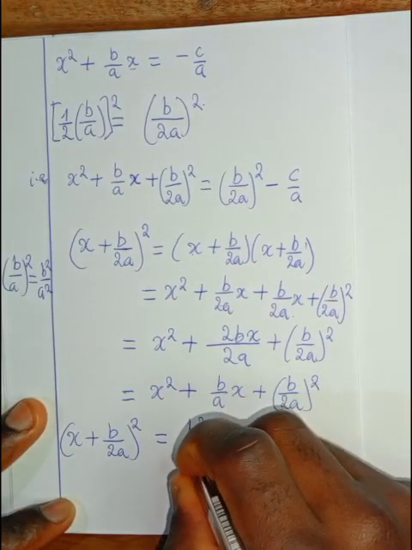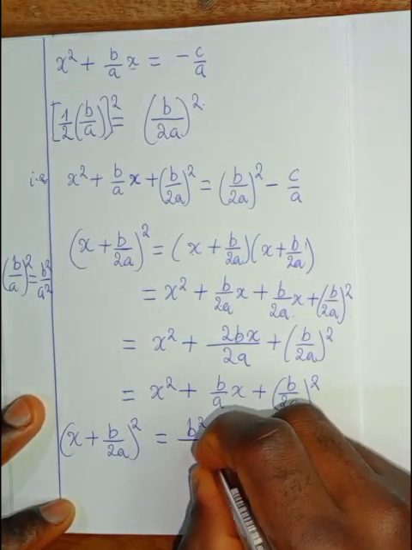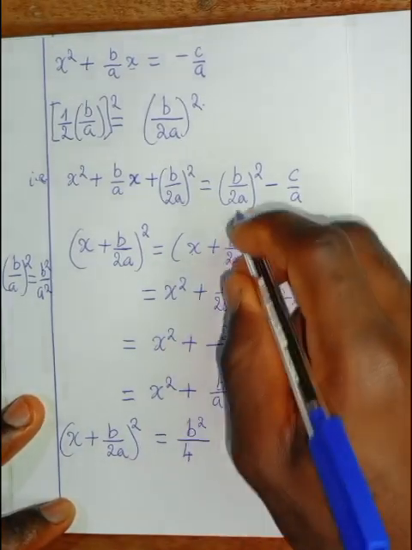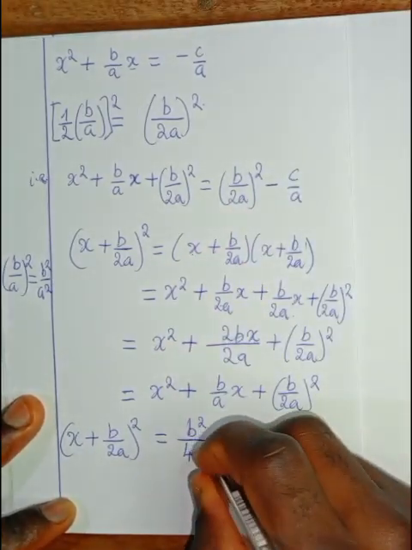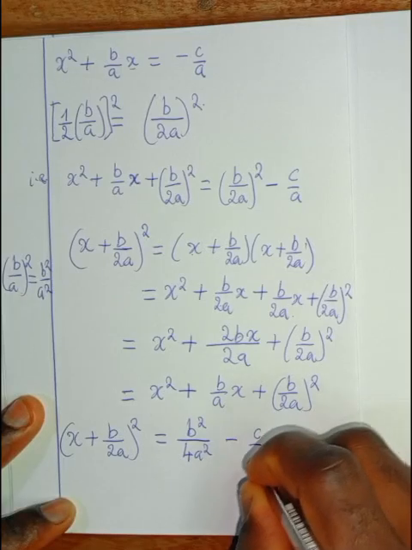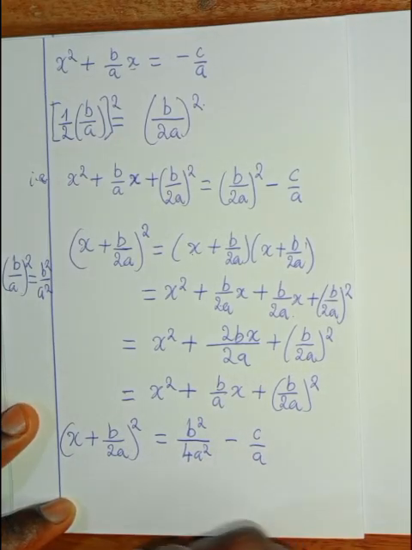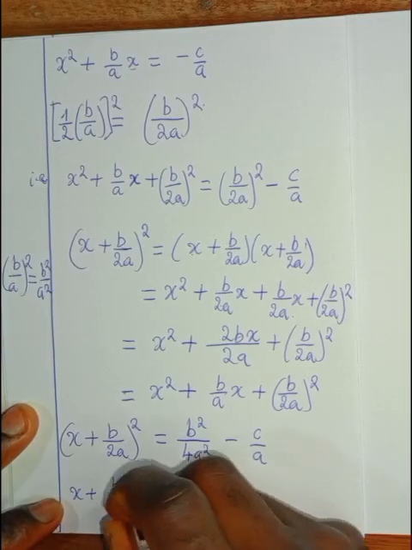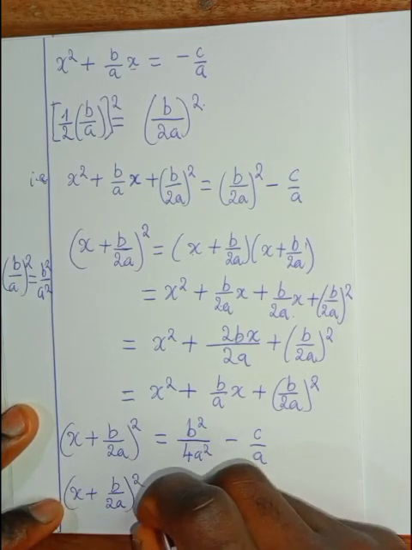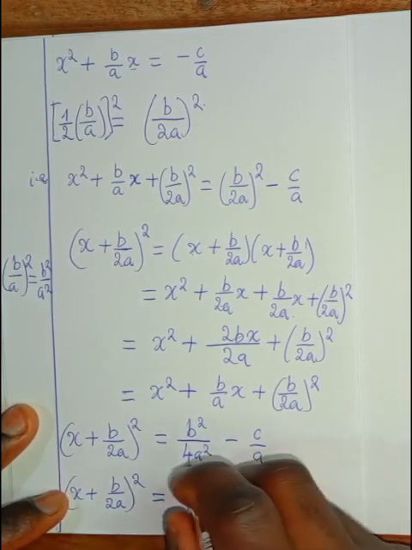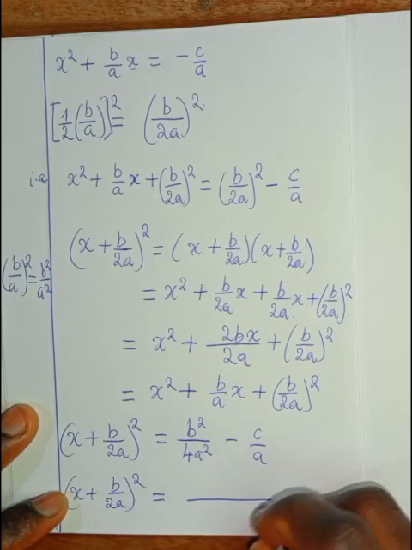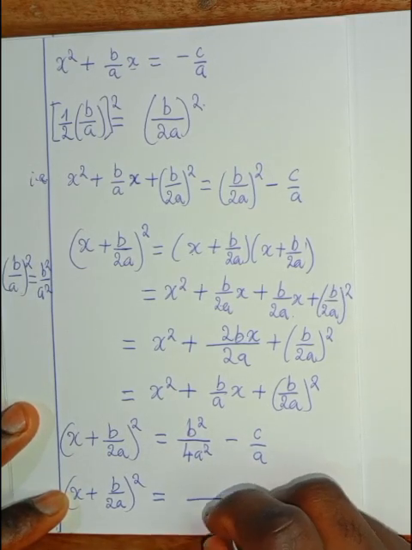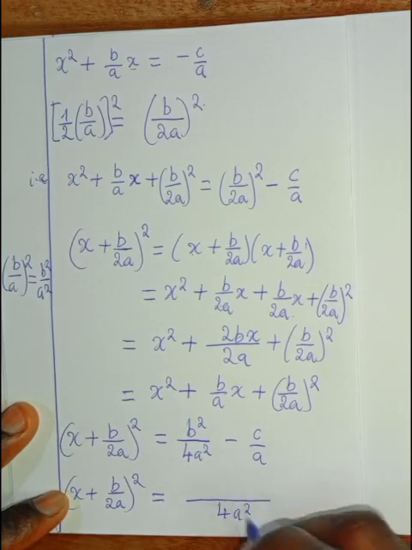This will give us b squared all over 2 squared, which gives us 4a squared, minus c all over a. This will give us x plus b on 2a, all this squared, is equal to, here the LCM of the denominators is simply 4a squared.